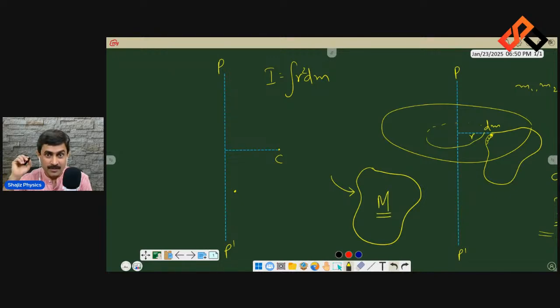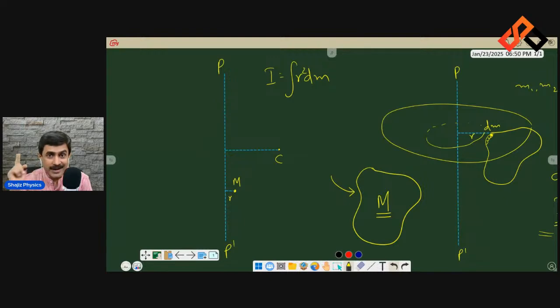So if this body has a mass m, the mass of this point object is also m. It is at a distance, given by small r, from the axis of rotation.